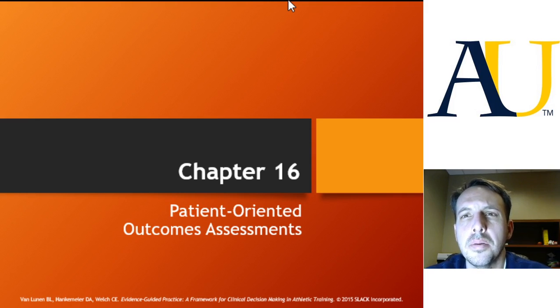The second component, and the component we'll spend more time on, is assessing the effectiveness of our overall interventions. Now, this is important not only for determining whether or not we are seeing similar effects associated with the interventions as we found in the research, but also to demonstrate the overall effectiveness of our treatment plans as a whole.